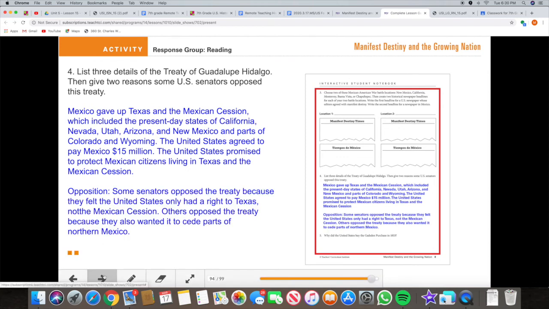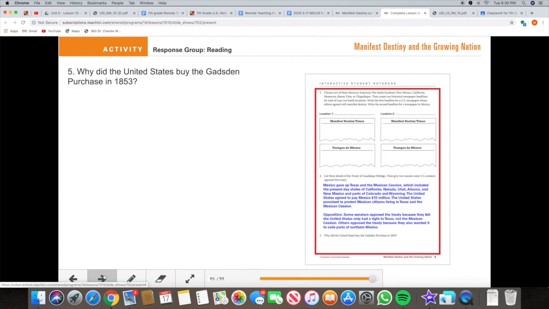Some senators opposed the treaty because they felt the United States only had a right to Texas, not the Mexican cession. Others opposed the treaty because they also wanted it to cede parts of northern Mexico. And then five, why did the United States buy the Gadsden Purchase in 1853? Railroad builders wanted this flat piece of land to build a new route across the nation.